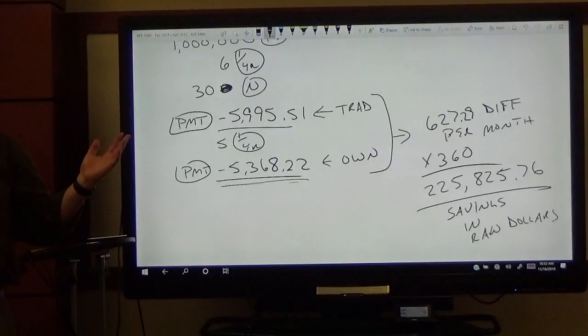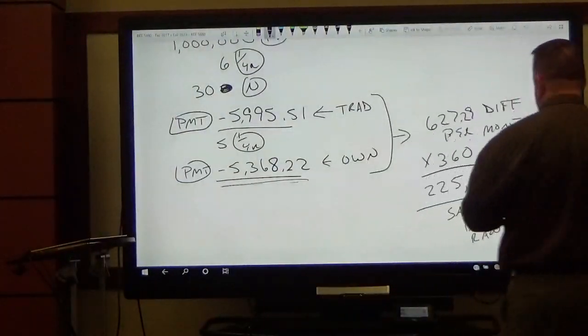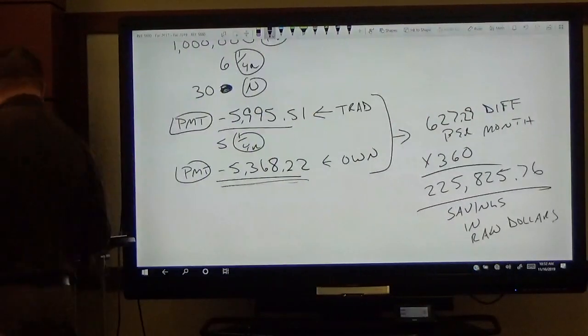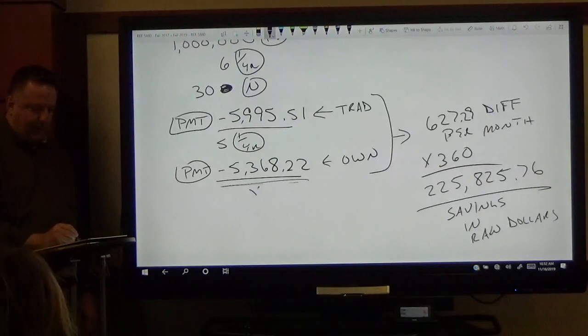That should be an absolute no-brainer from their perspective. And then from my perspective, I'm getting what I have asked for the property, let's say $1 million, but the reality is, if you look at it another way, I'm getting this dollar amount per month.